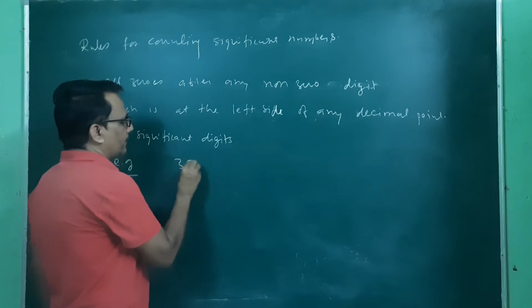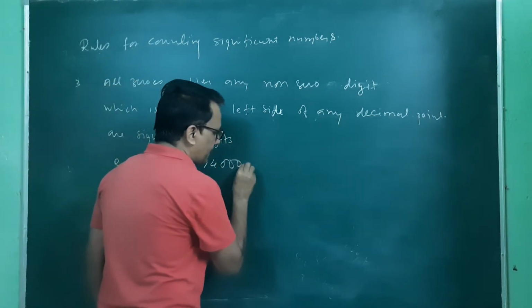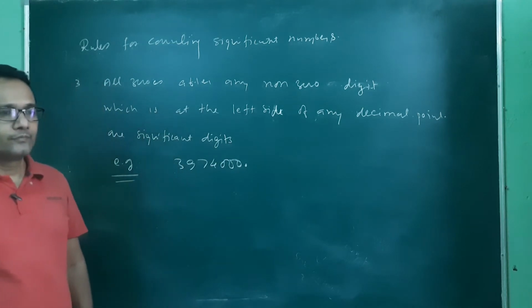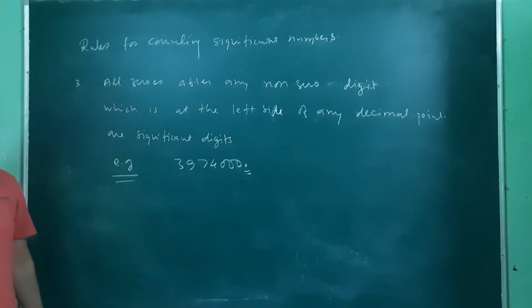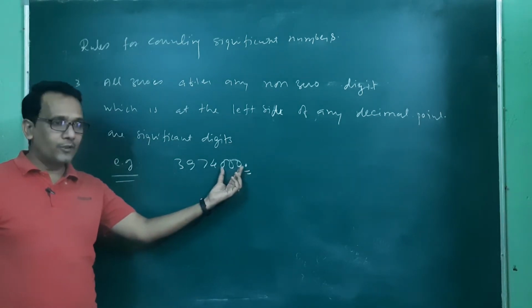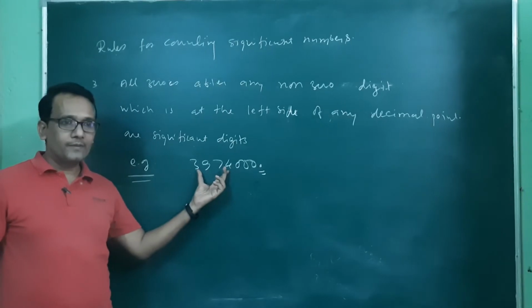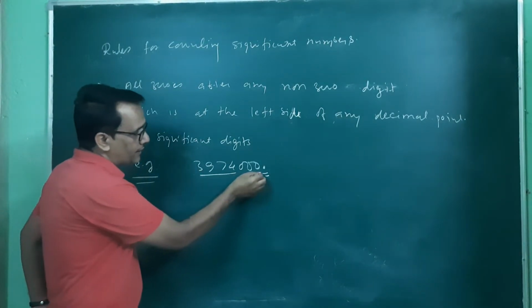So 3, 9, 7, 4, 0, 0, 0, and there is one decimal point here. These are the non-zero numbers and these are the zeros.